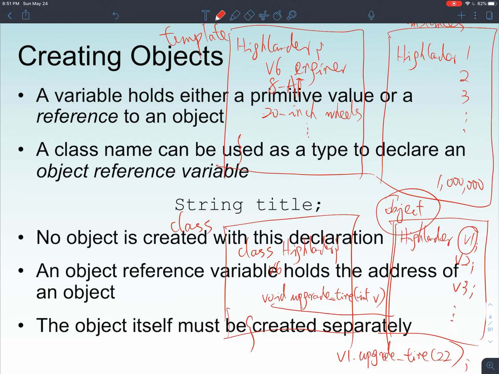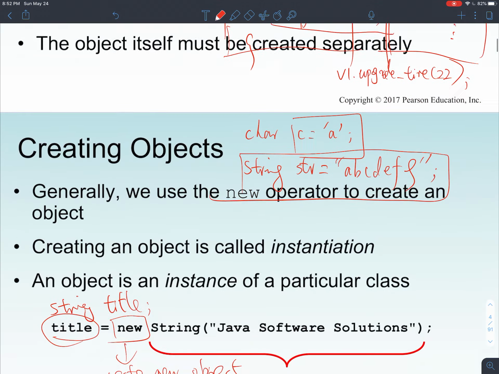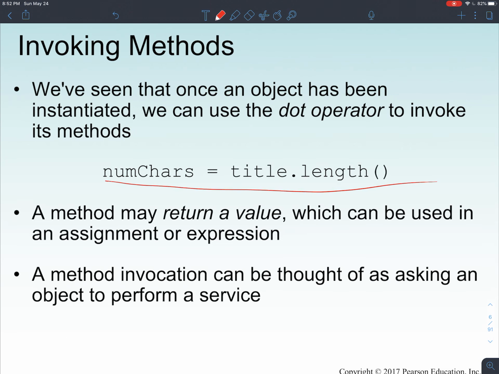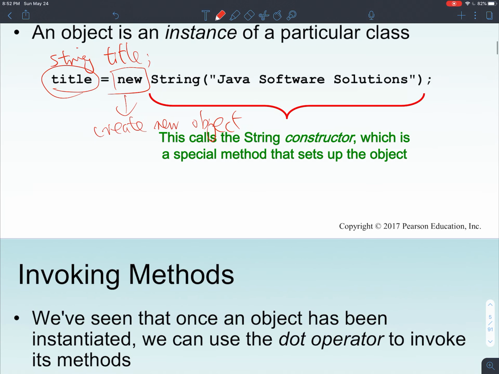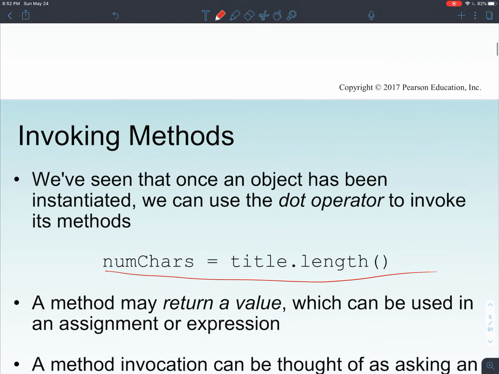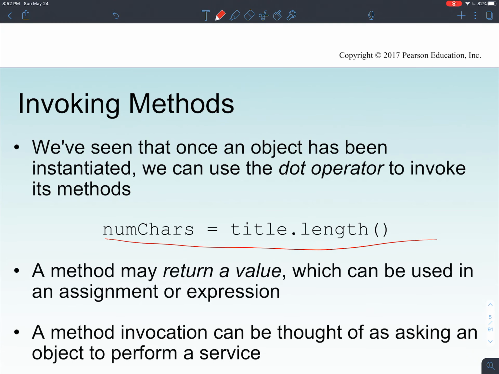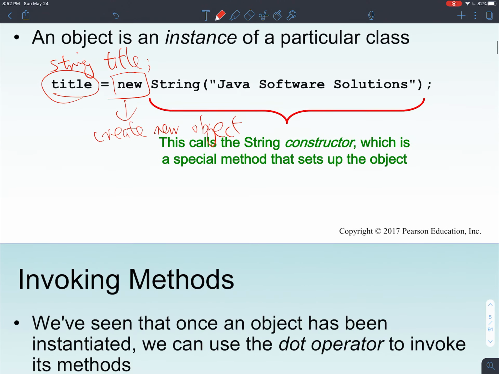Okay, so functions provide us a way to manipulate the data stored in a class. Like over here, say previously we created an object named title, whose type is string, and here we can call the length function of the string class, which basically tells us how many characters are included in this sequence.